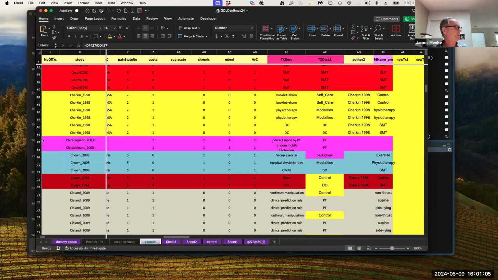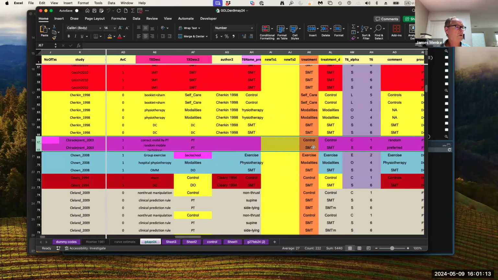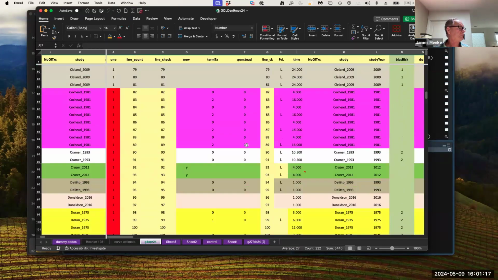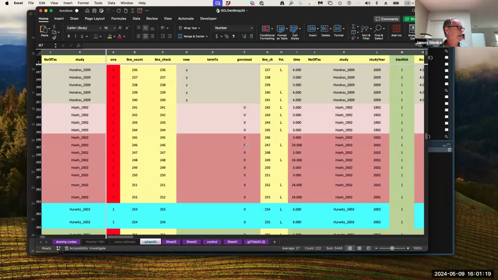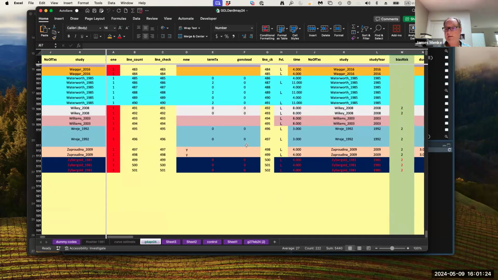And here, for example, these two are one study and two treatment arms on the same study, control and spinal manipulation. And I've got 97 studies. Some of the studies have 5 arms on them.